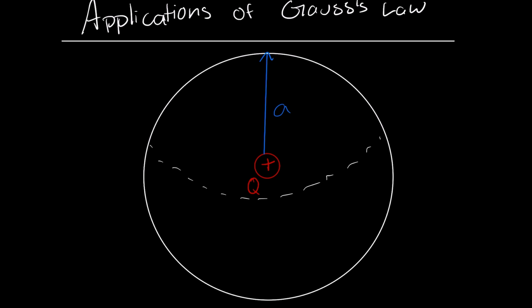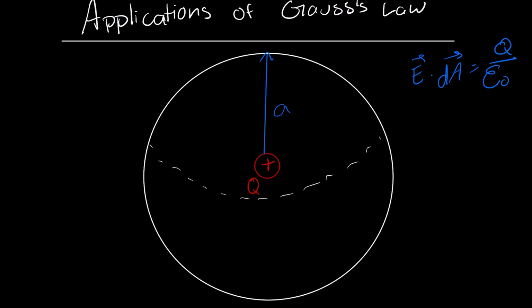Okay, so Gauss's law states that the flux of a surface, which is E dot dA, equals the total charge enclosed, which is Q over epsilon naught. So that charge enclosed is the total charge of the surface.